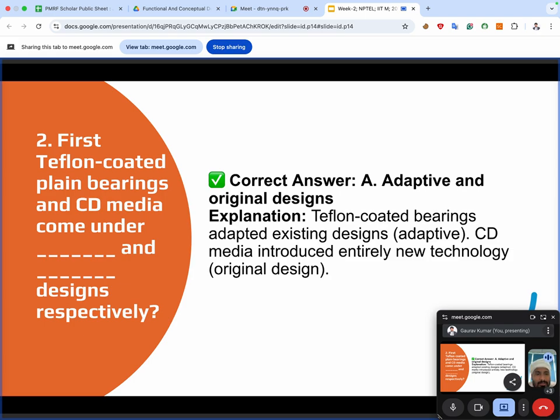So they modify the materials to improve performance without reinventing the part. CD media, however, introduce a completely new format for storing and playing music, so making it an original design. So these questions illustrate how the same industry can use both types, depending on the context, right? So A is the right answer.